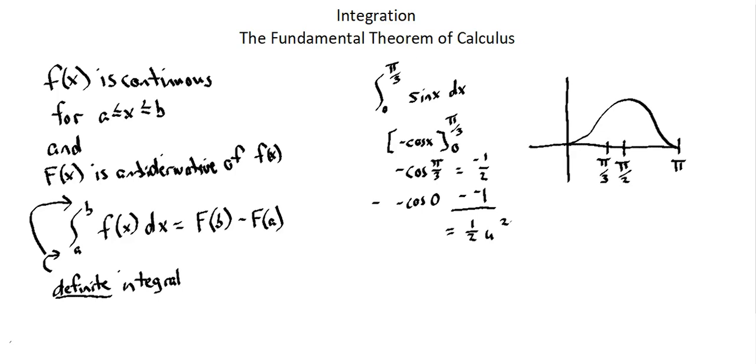And if I extend from pi over 3 on the x-axis up to the curve, and I shade in the area from the y-axis over to pi over 3, this is the area that we've calculated as 1/2 units squared, bordered by the x-axis, x equals pi over 3, and the curve y equals sine of x.